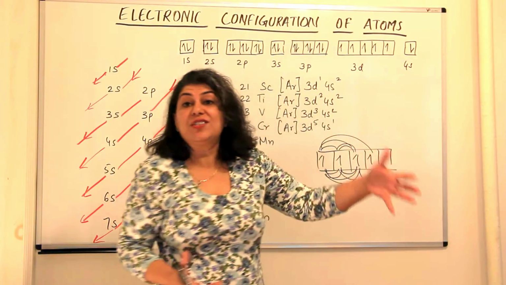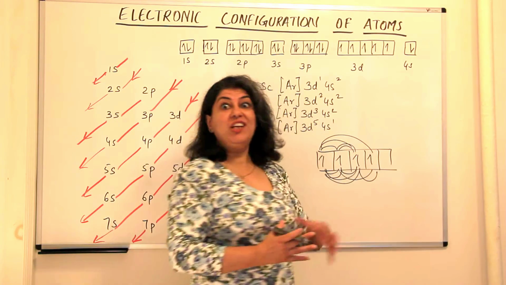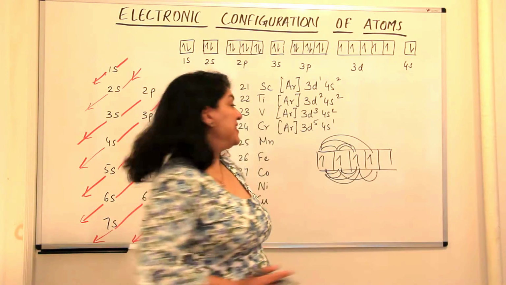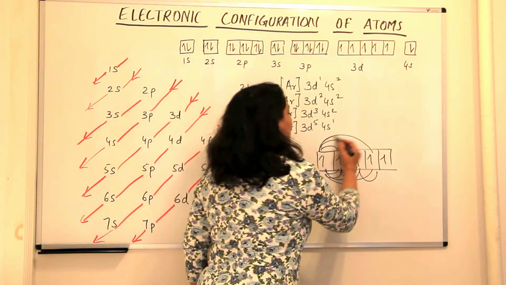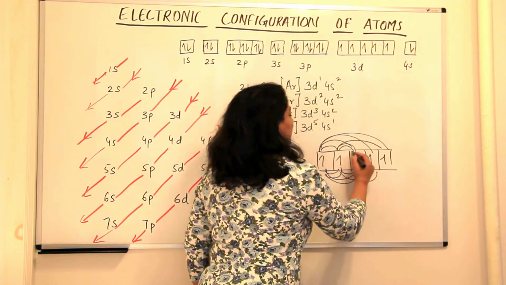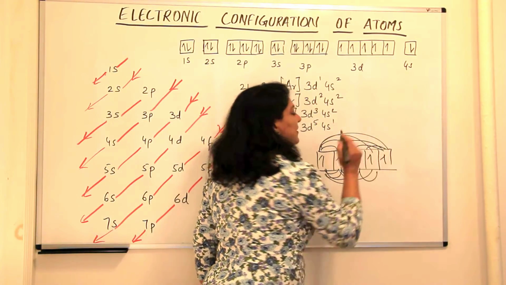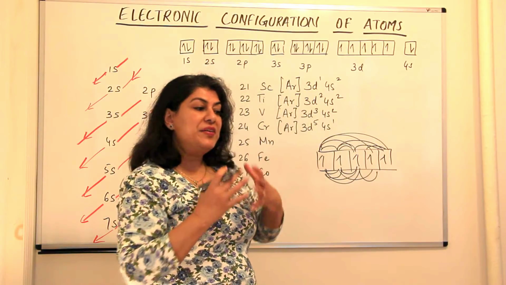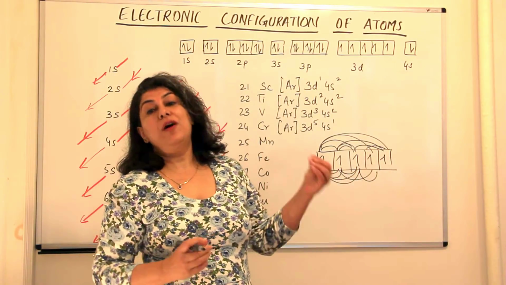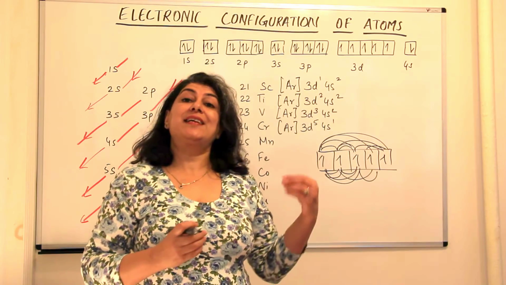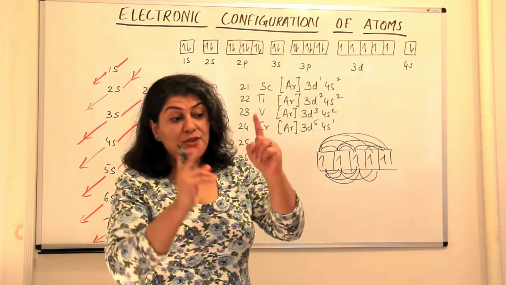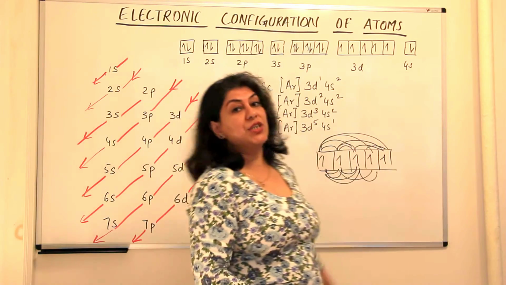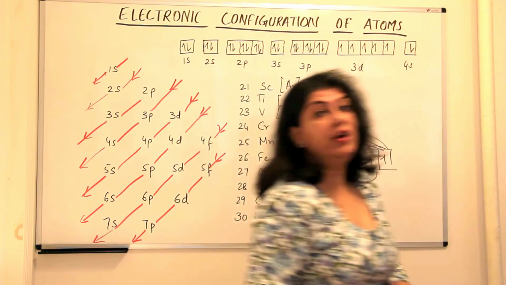So the number of exchanges increases, so the exchange energy also increases. And if you have 5 of them, the number of exchanges is still more. So the greater the number of degenerate orbitals that are singly occupied, the more will be the exchange energy. And that also is the reason why half-filled subshells are more stable.